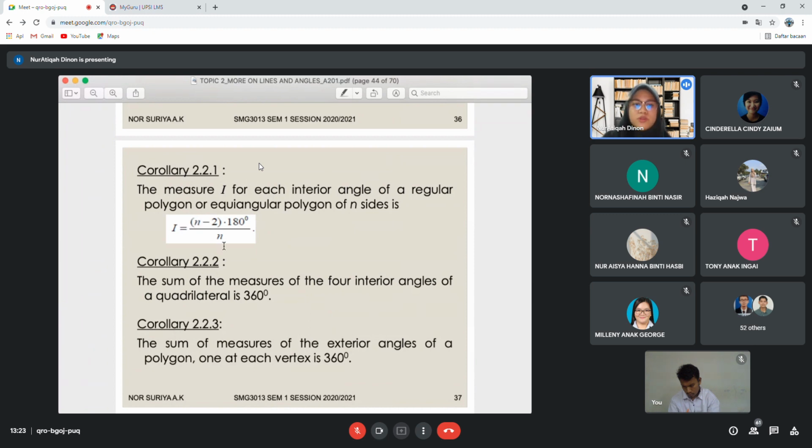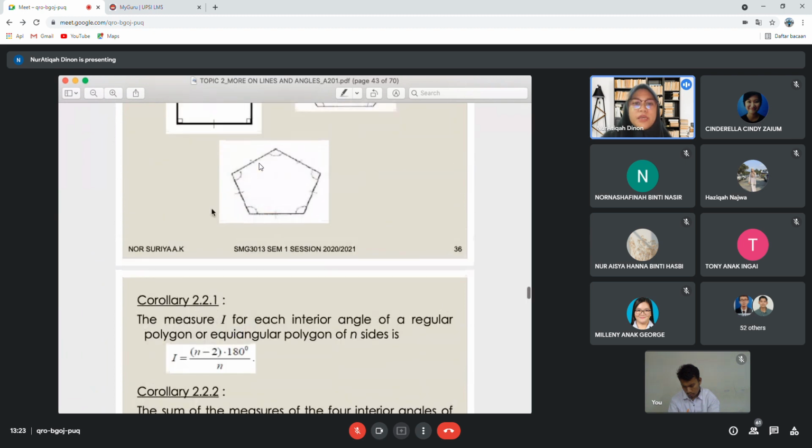So we put the value of n, we can get the value of I. For example, for this diagram, I is the value for each angle inside this pentagon.